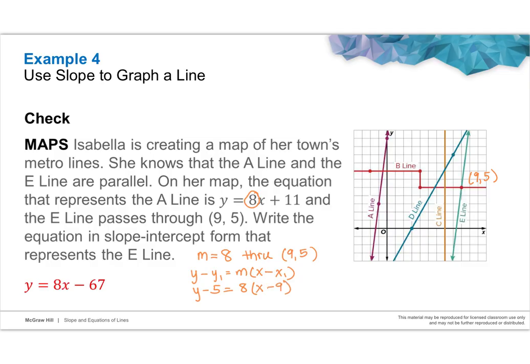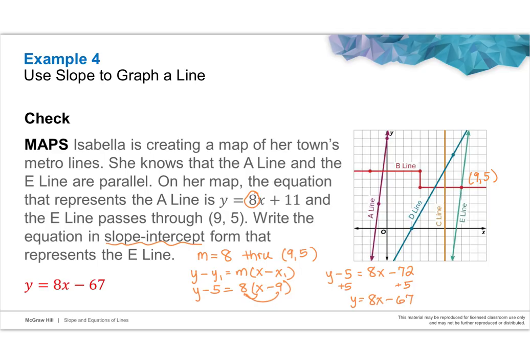If we distribute, because we do need slope intercept, so y equals mx plus b, we can distribute that 8 through that parenthesis, and we get 8x minus 72, and then we need to add 5 to both sides. So y equals 8x minus 67. Look at that.